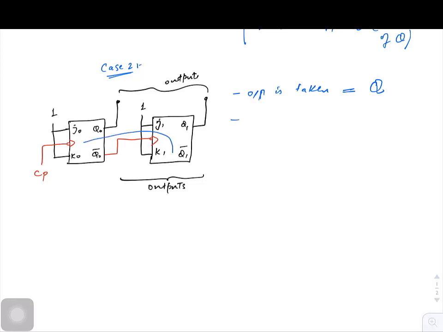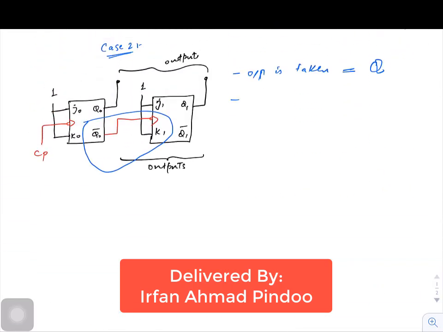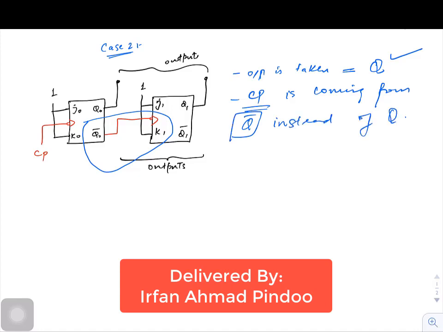If we see our previous circuits, the clock was always coming from Q, while in this circuit the output is taken from Q as it was for up counter, but the clock pulse that is given to the later stages is coming from Q bar instead of Q. So if we make this change in the up counter, we can again convert our up counter into down counter.